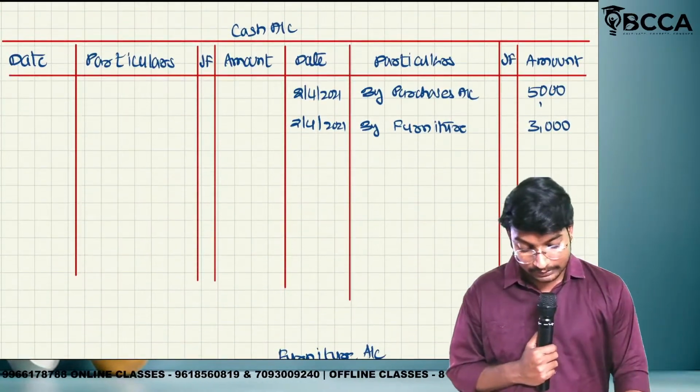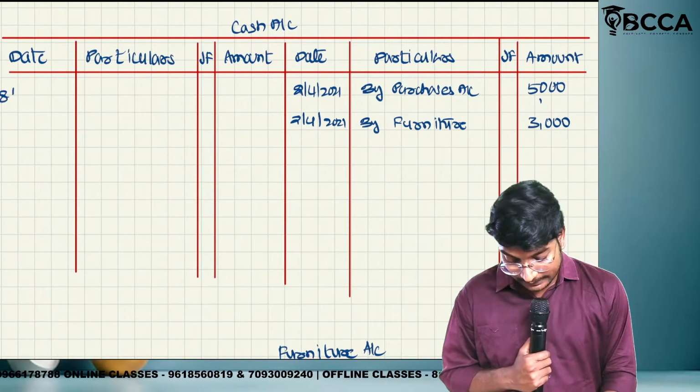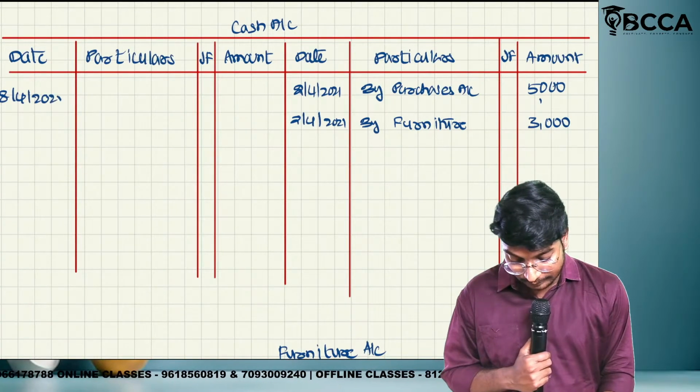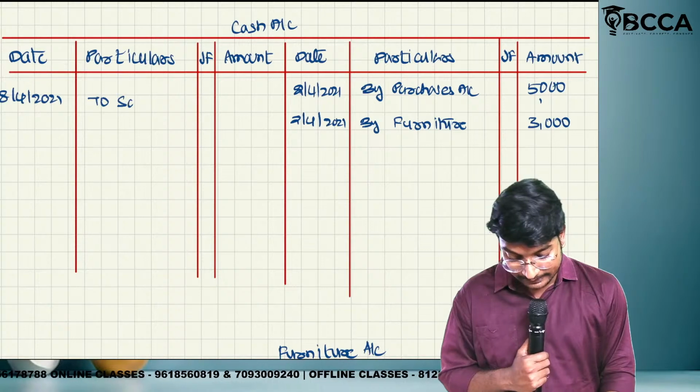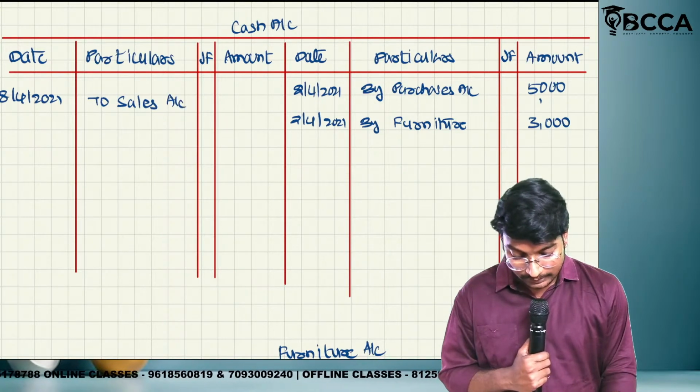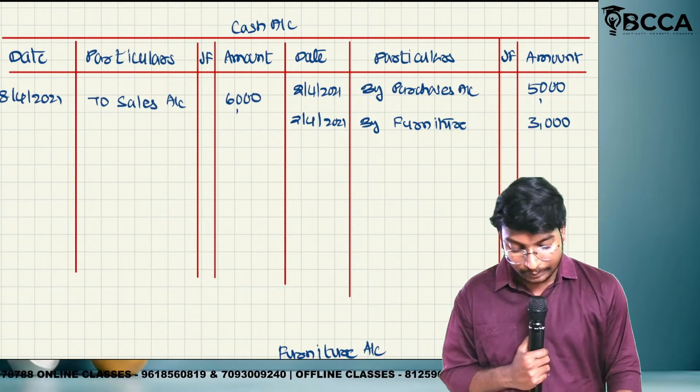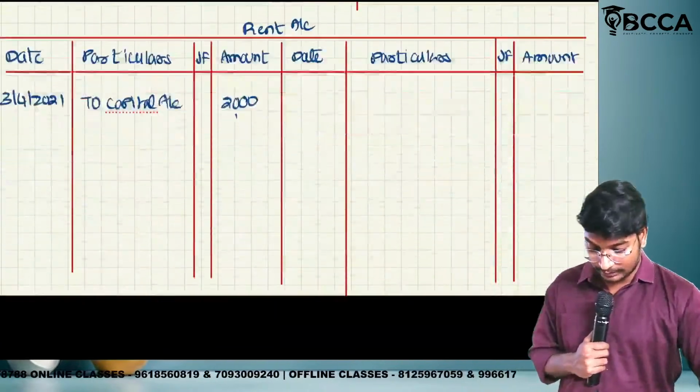Cash account debit side, 8th April 2021, to sales. How much? 6,000. We need to open which account? Sales account.